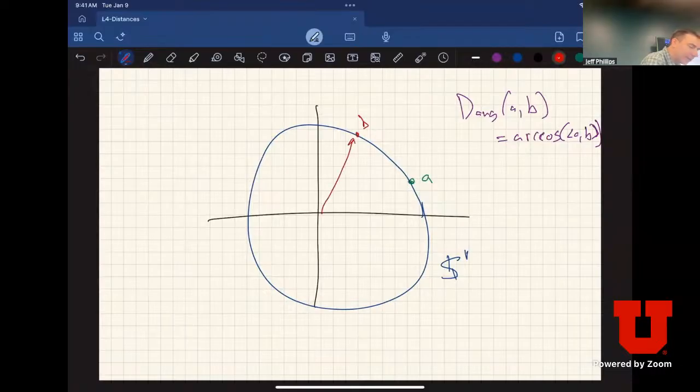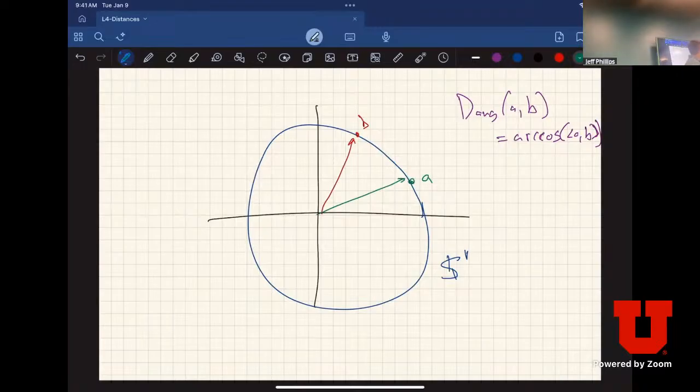Maybe you can think of them as points on the sphere, but in this case, it's useful to think of them as directions. When I have a point that's been L1 normalized, I've removed the scale information. I only care about the directional information here.